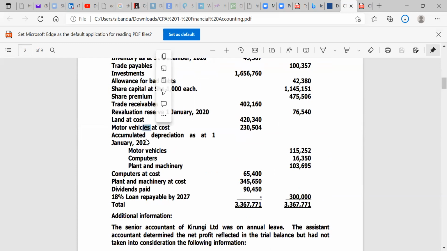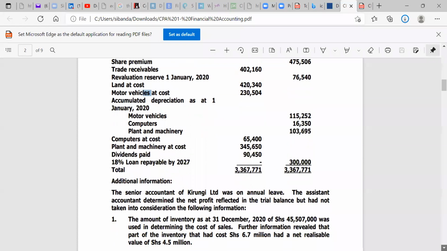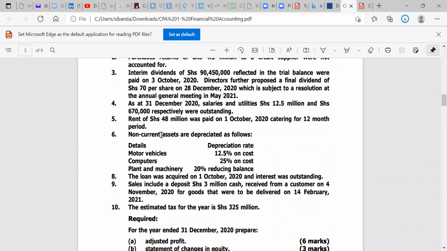They also gave us accumulated depreciation, but this accumulated depreciation was as at 1st January 2020, at the start of the year. So if they now give us non-current assets depreciated as follows: motor vehicles, 12.5% on cost, this is going to help us capture the depreciation for this year.